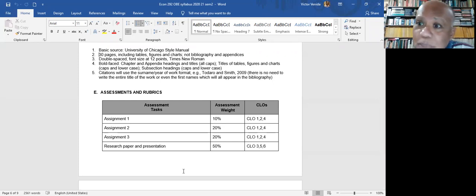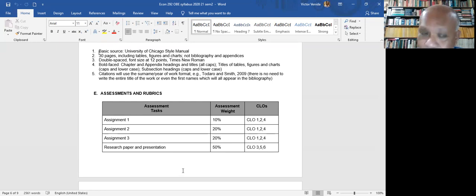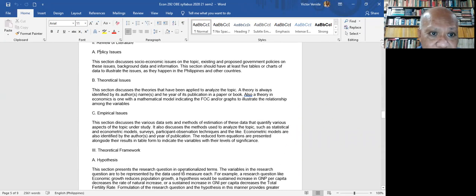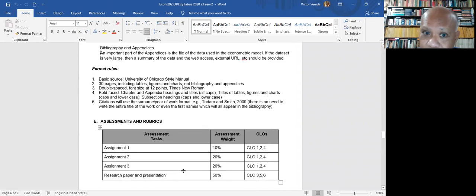Some of you, when you submitted your assignments before and tonight, you put in additional subsections with the boldface, remove those. The only subsections are the ones indicated here. There, no? Theoretical framework, methodology, data sources, policy, theoretical. Those are the only subsections. Okay.